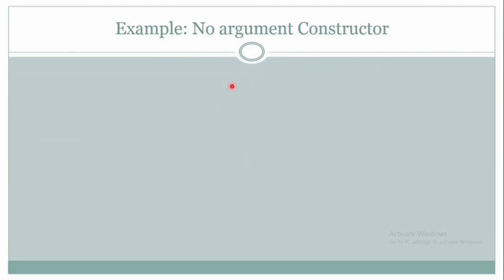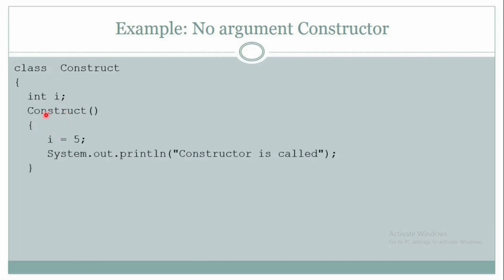Now let us see one more example on constructor. I just created a class with the name construct, and this is called an instance variable. Here is the constructor. As I already told you, the constructor name should be the same as the class name, and the constructor doesn't have any return type.